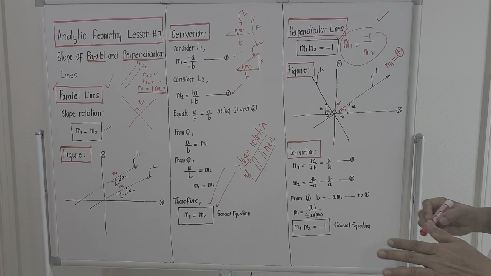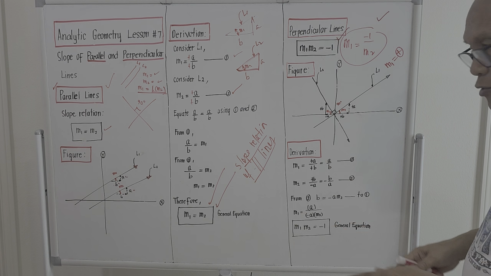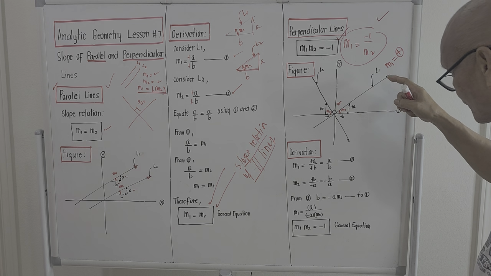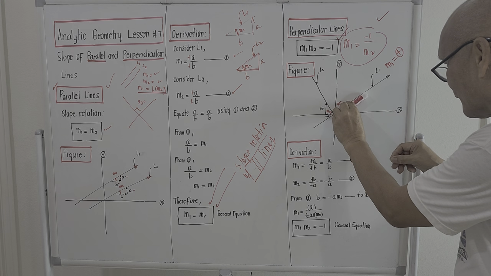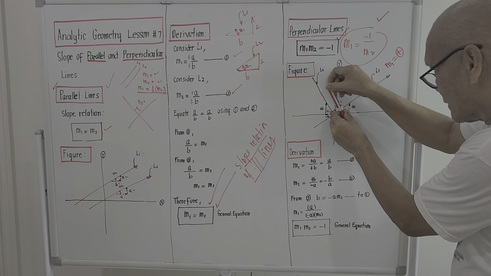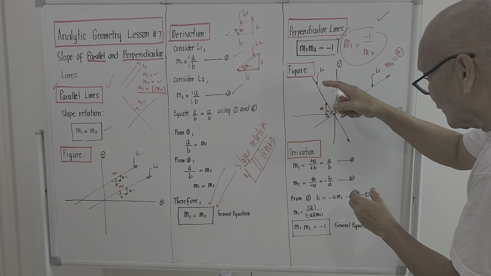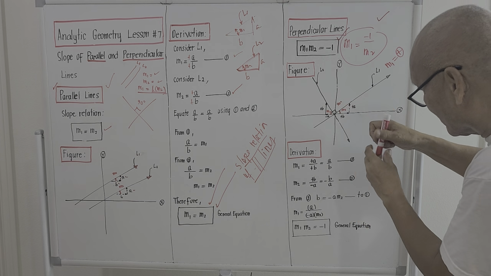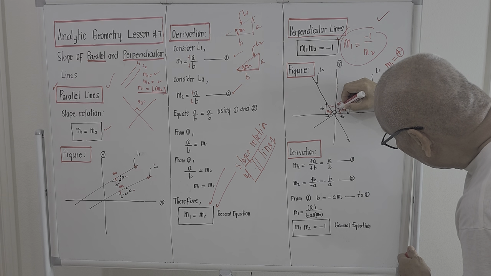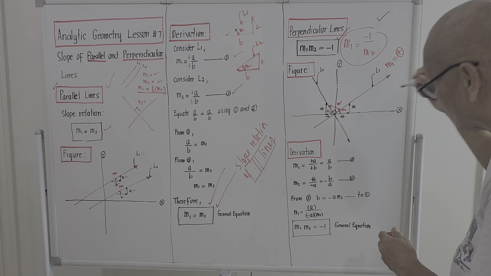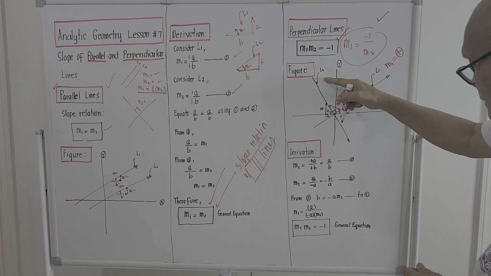Okay, and the next line should be perpendicular to the first line. So if we try to rotate this line here, we rotate it 90 degrees. The angle between the new line and the first line will be 90 degrees. That's 90 degrees. So this is now line number 2.